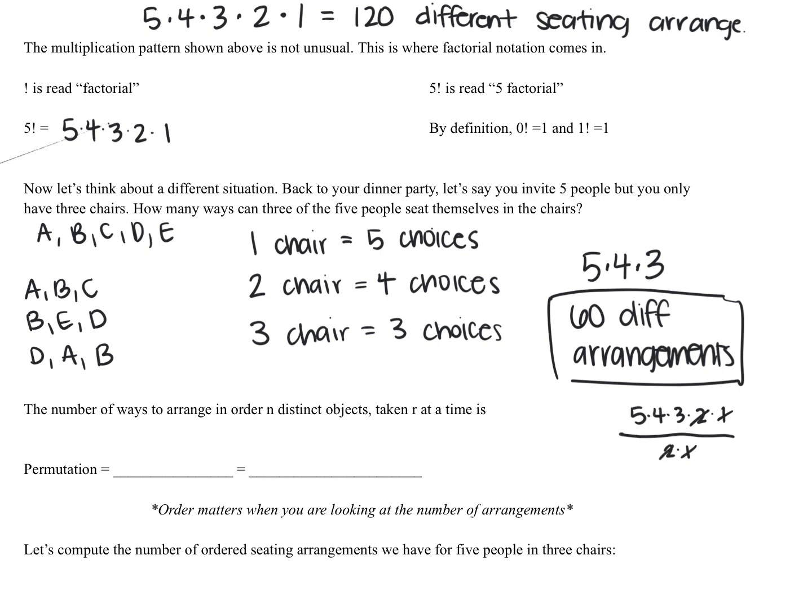So this leads us to a formula for the number of ways to arrange in order n distinct objects taken r at a time. It's called a permutation, and we read it as nPr.